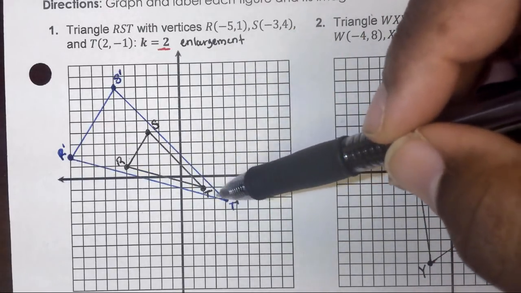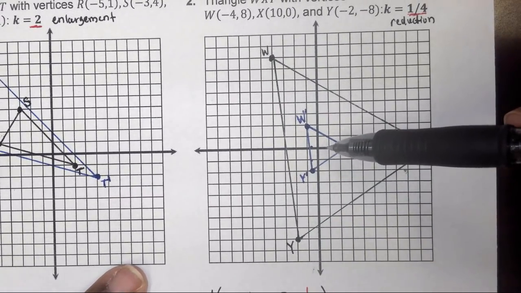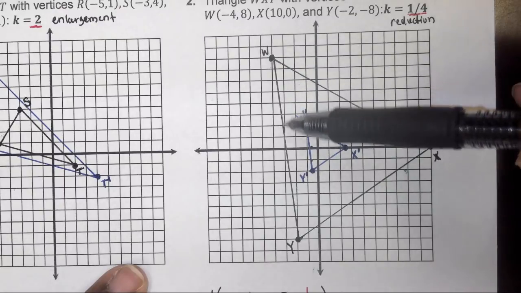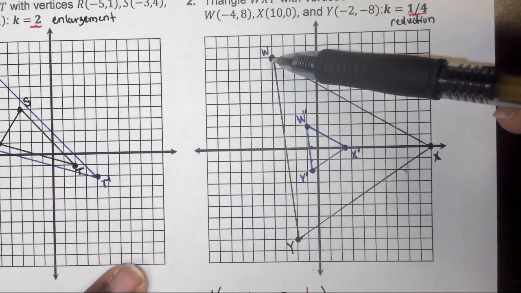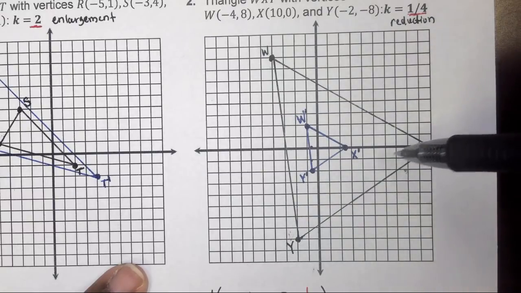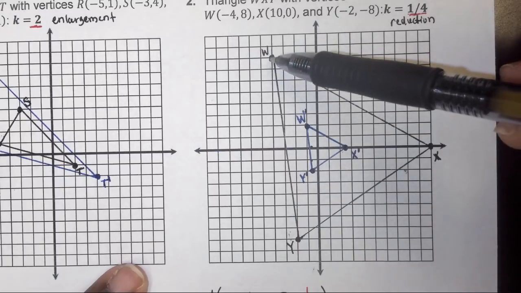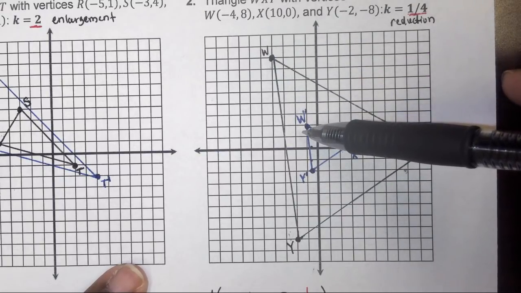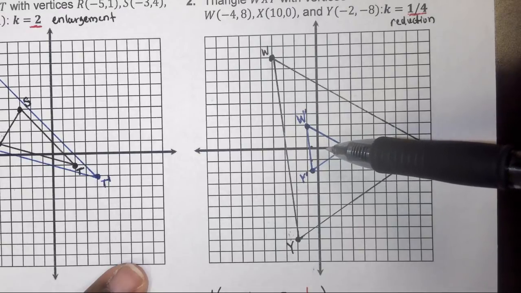Same thing on this one, except it was a reduction, so it came back closer to 0, 0. My image points were here, here, and here, and as we reduced it, it came closer to 0, 0 each way. That's because we were doing enlargements and reductions around the point 0, 0.